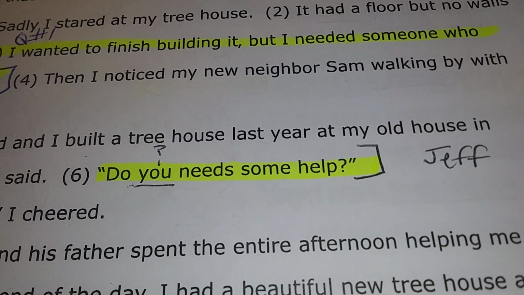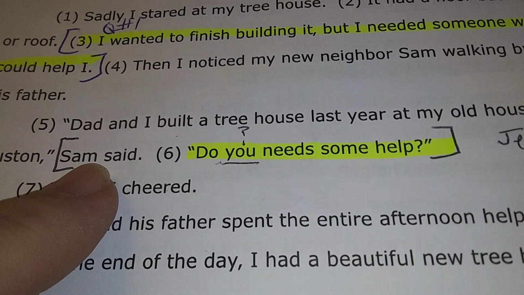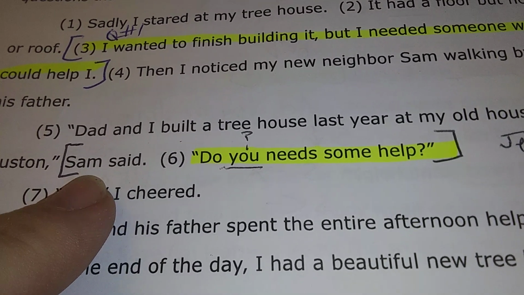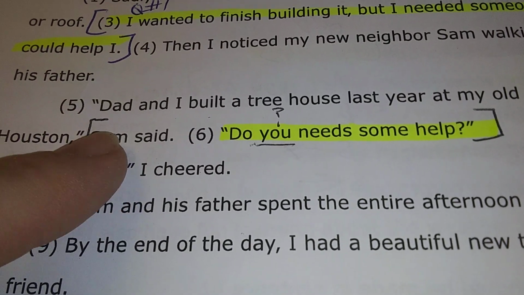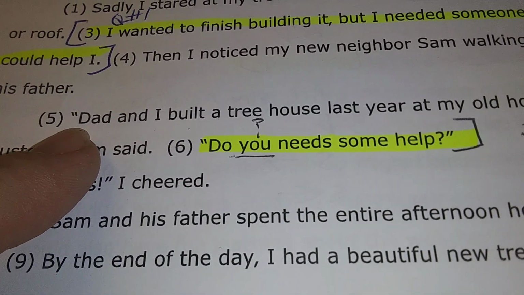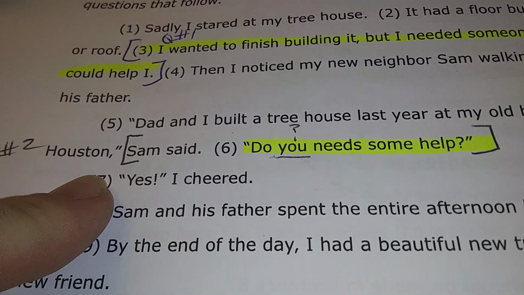Let's find out who's talking, because whenever there are quotation marks in the middle of a paragraph, you have to find out who's doing the talking. In the previous sentence, Sam said this: "Dad and I built a treehouse last year at my old house in Houston," Sam said.